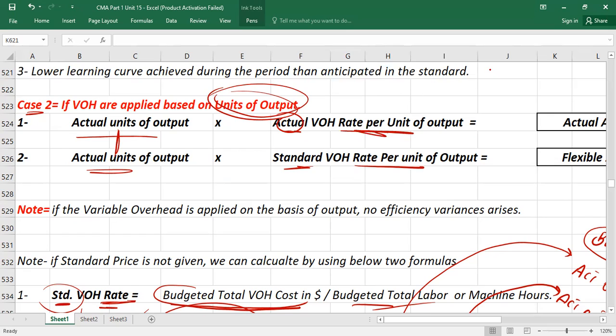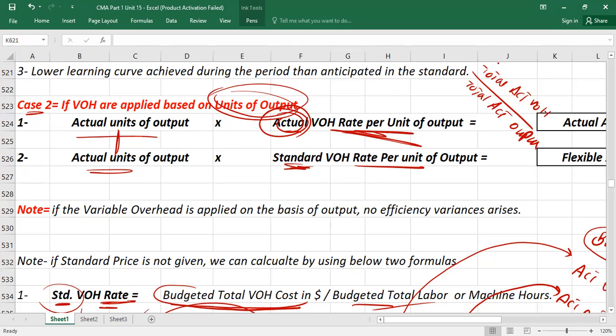Very simple. I will take total actual variable overhead in dollars divided by total actual output. If I follow this formula, this will give you the actual rate per unit. Can you tell me how you can find the standard rate now?